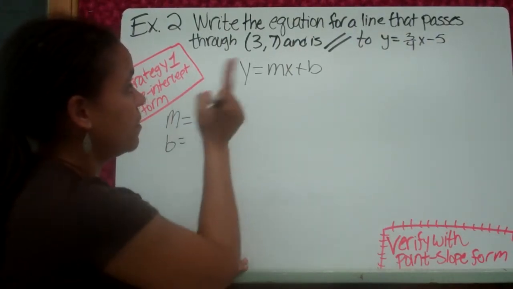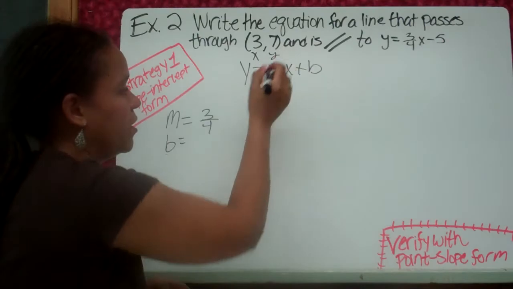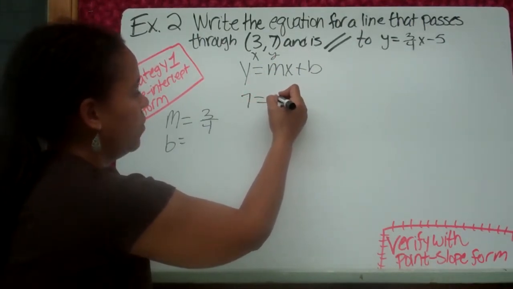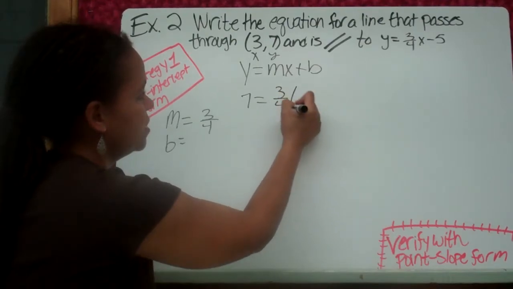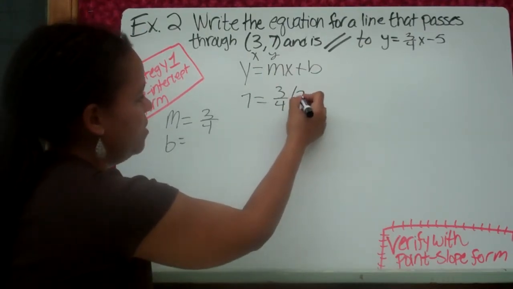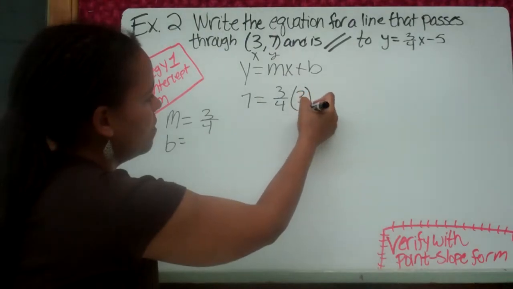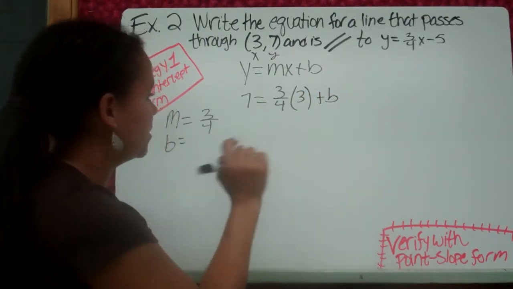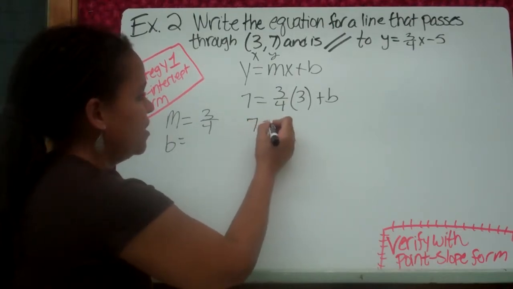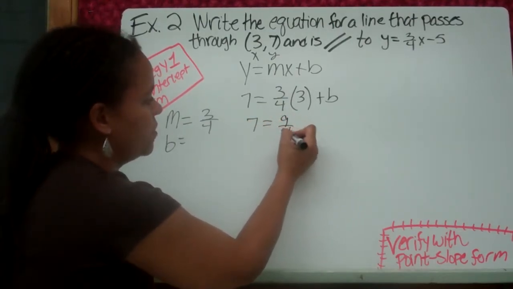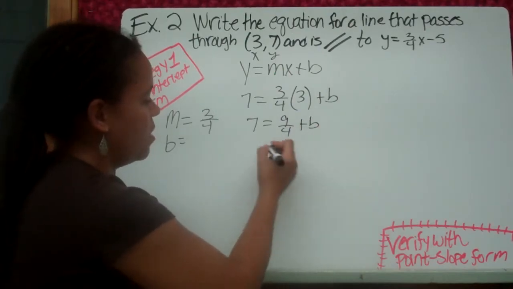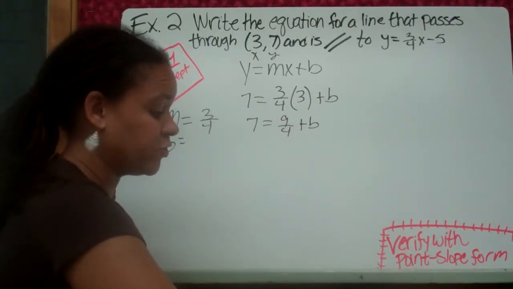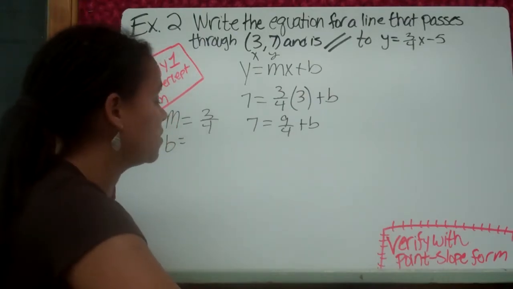I don't know b, but look what I do have, x and y. So let's plug it in and solve for b. 7 is equal to 3/4 times x, which is 3, plus b. We don't know b, and that's what we're trying to find. So 7 is equal to 9/4 plus b. We're going to subtract 9/4 from both sides. Again, you can keep it as a fraction, or you can turn it into a decimal.